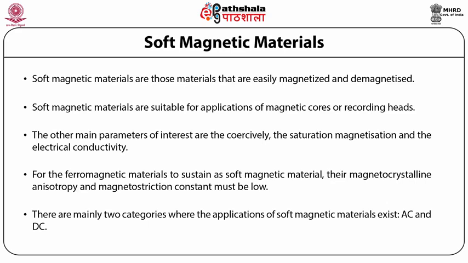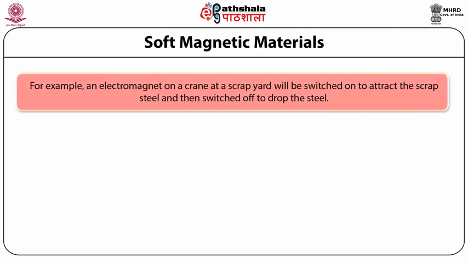There are mainly two categories where the applications of soft magnetic materials exist. One is DC, another is AC. In DC applications, the material is magnetized in order to perform an operation and then demagnetized at the end of the operation. For example, an electromagnet on a crane at a scrap yard will be switched on to attract the scrap steel and then switched off to drop the steel.